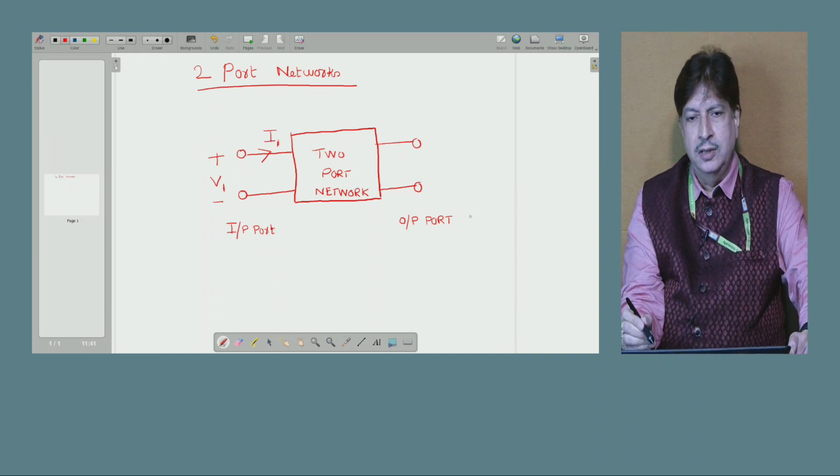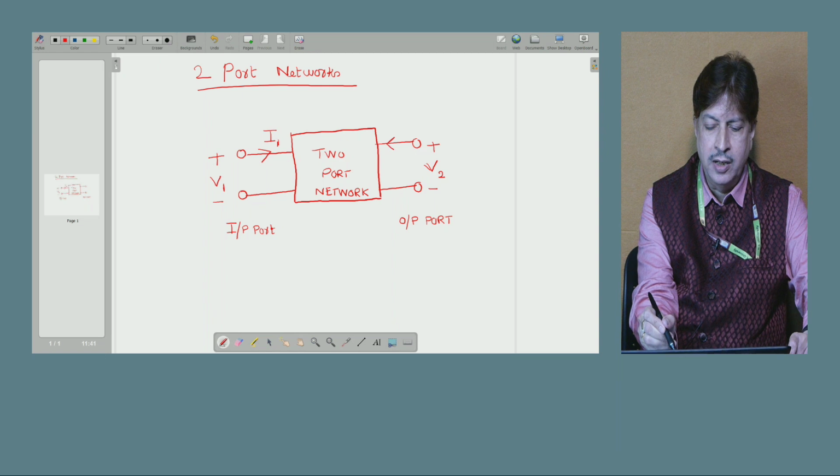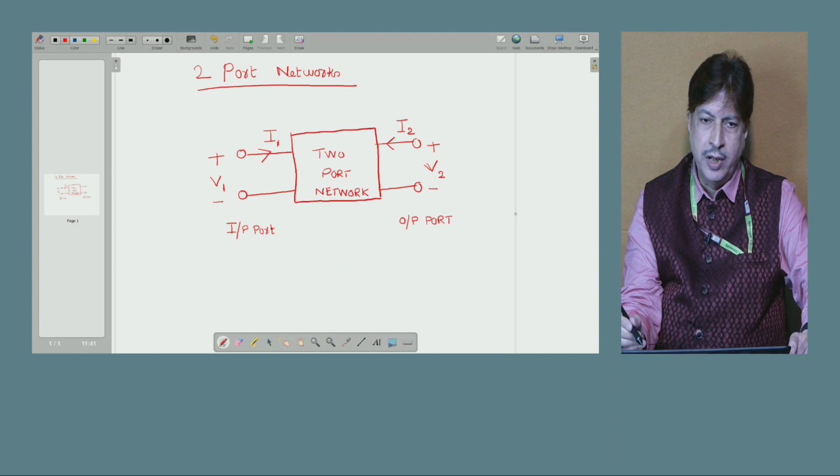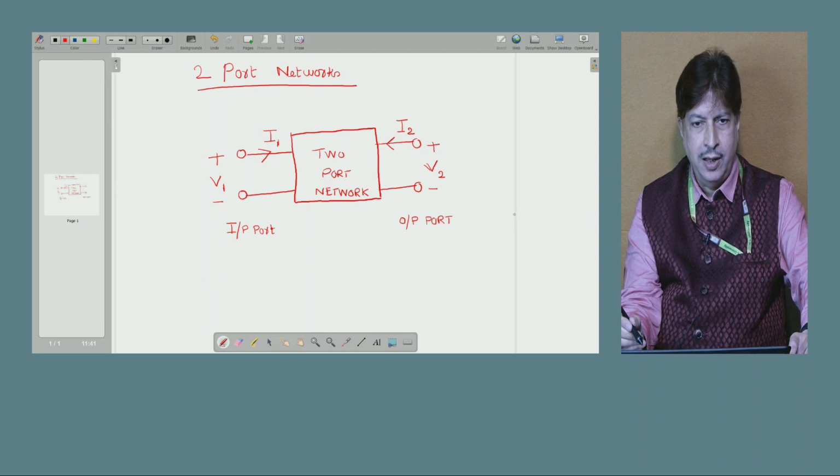Similarly, the output port voltage and current, we represent them as V2 and I2. From now onwards, whenever we refer to the input port voltage, we refer to it as V1, the output port voltage as V2, input port current as I1 and output port current as I2.